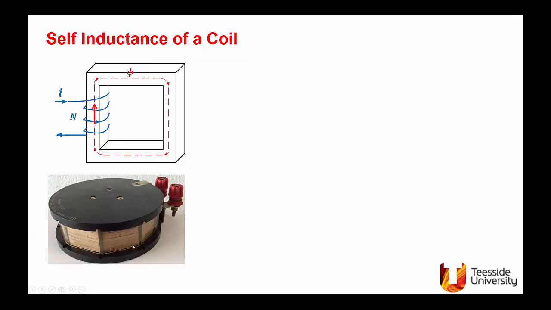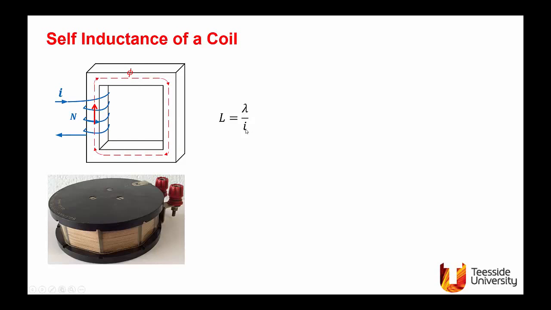This is a coil. For a compact coil like this, the likelihood of all the turns being linked by all the flux lines is higher than if you have a long coil. Anyway, this coil is represented by this magnetic circuit and the flux line as shown. Then you can define L.